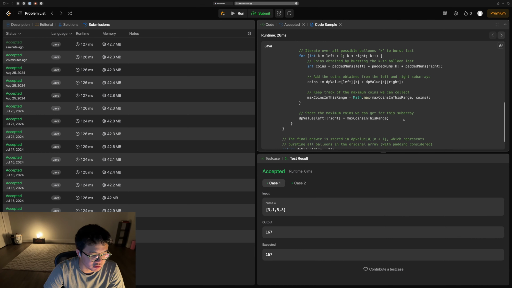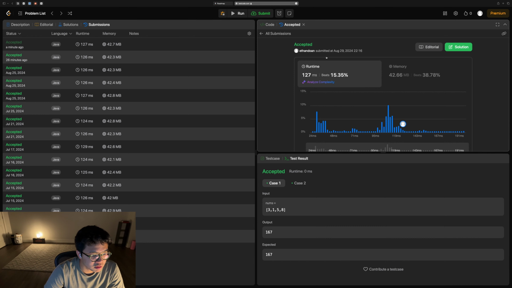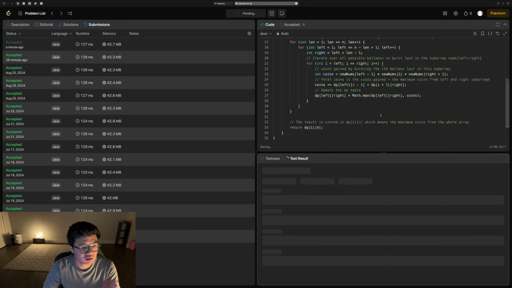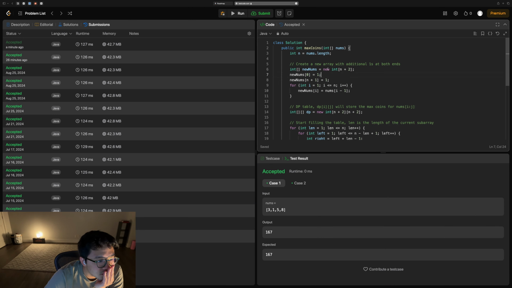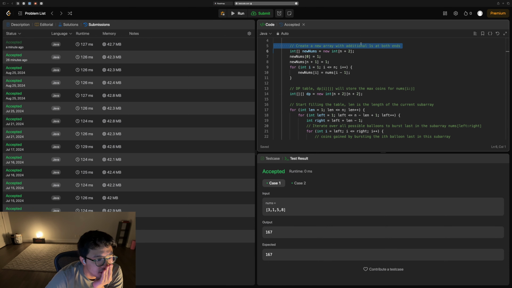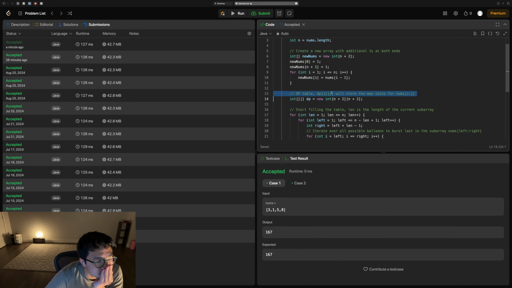Hard coding the final value? Wow, okay. So n plus 2 base cases, I guess. Create a new array with the additional ones at both ends. Oh, okay. DP table.